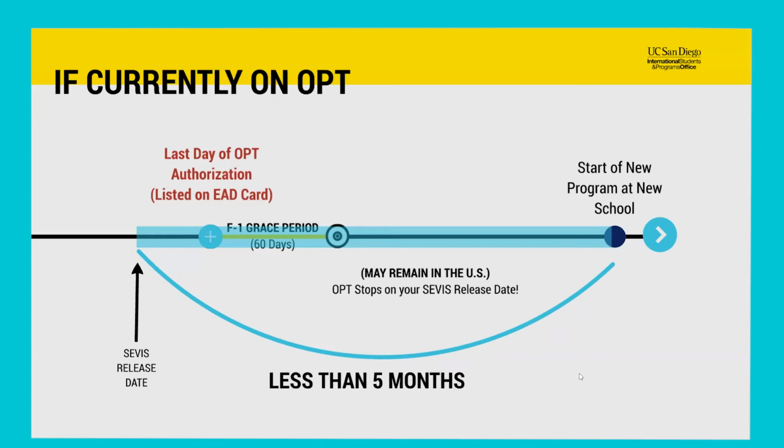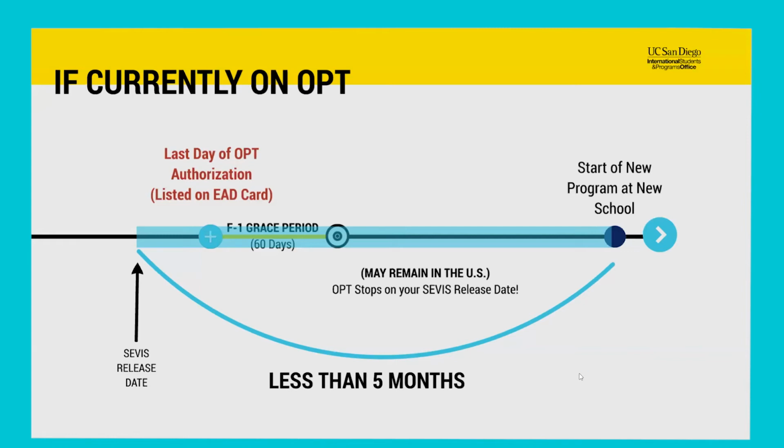And also, if you are currently on OPT and you're working on that SEVIS release date, OPT authorization automatically stops, okay? So many students will try to strategically time their SEVIS release date, if they're currently on OPT, as close as possible to their new program start date here at UC San Diego so that they can maximize the amount of time they have to work on OPT.